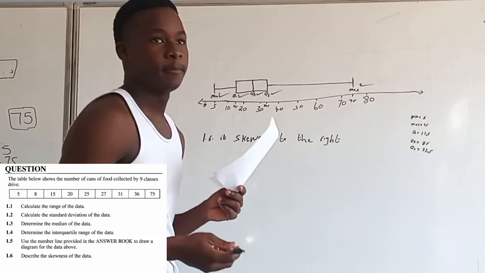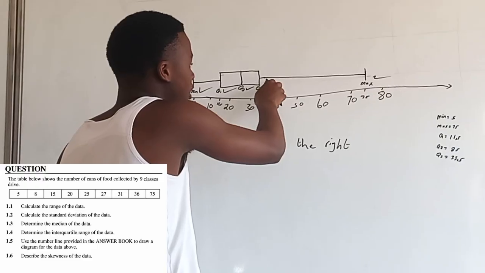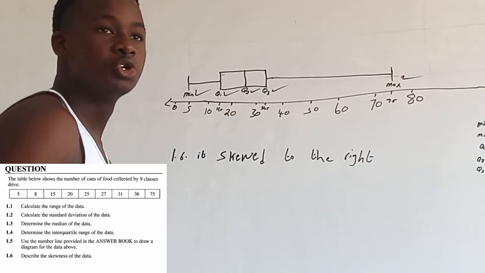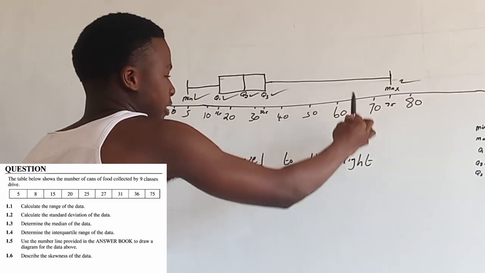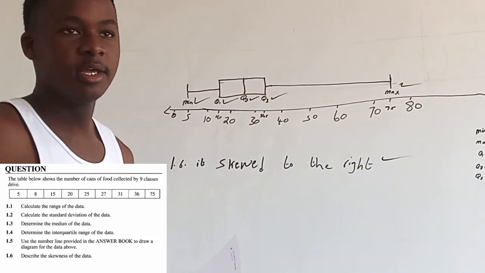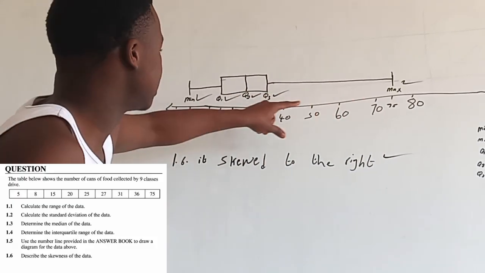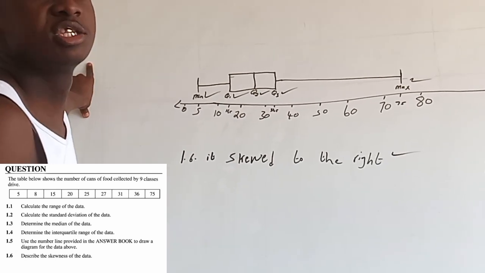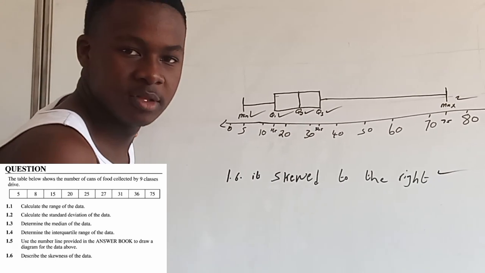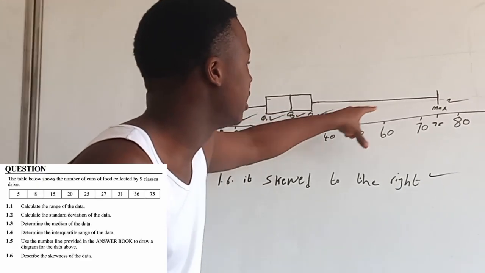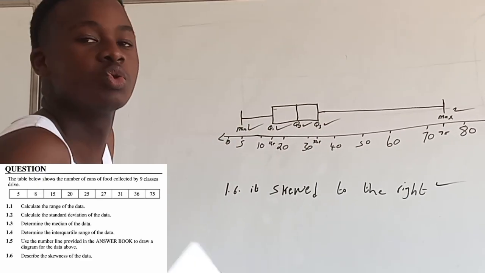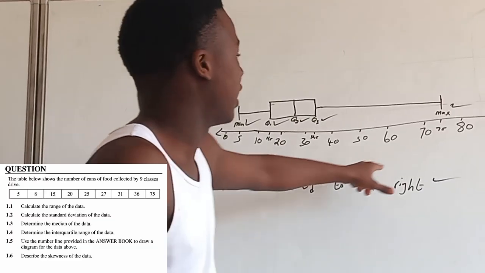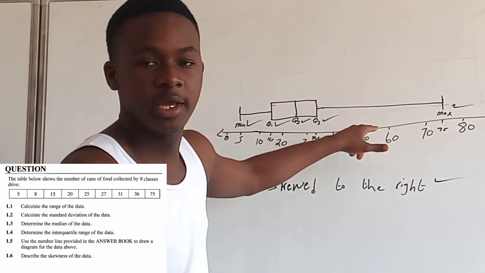Why? Because our long line is on the right. If this line was long on this side, you were going to say it's skewed to the left. So if your long line is on the left side, you say it's skewed to the left. If it's on the right side, like here, you say it's skewed to the right.